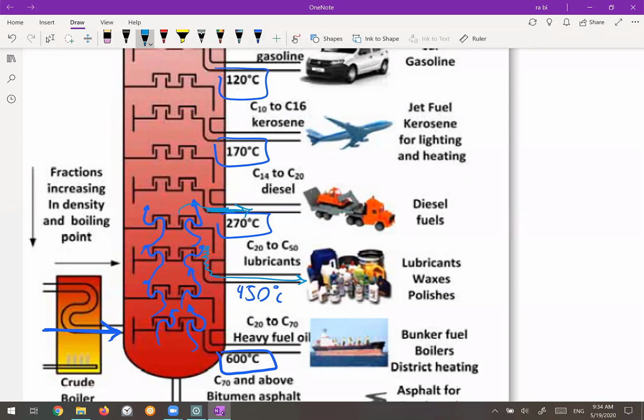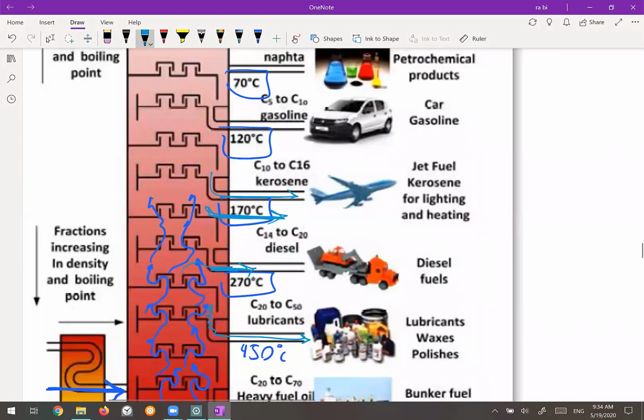But the temperature is hot enough for some of them to remain gas, so again they move up in the column. And again, when the temperature drops below their boiling point, they liquefy and come out from the path that they have. For example, they come out from here.